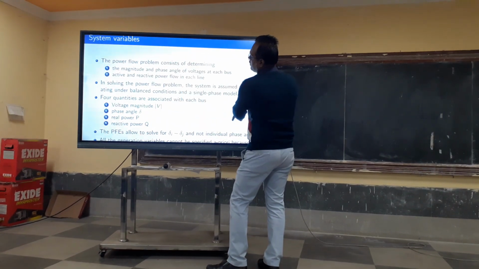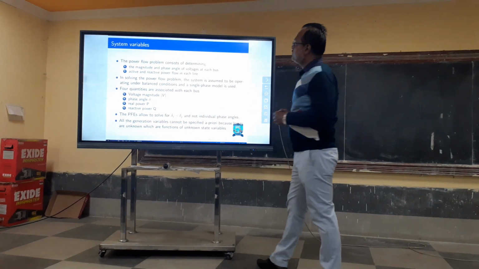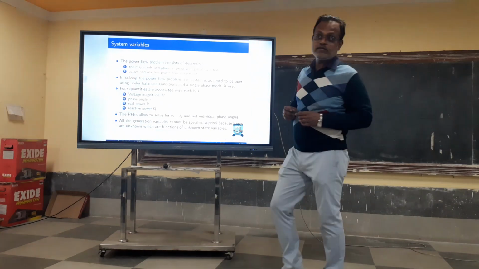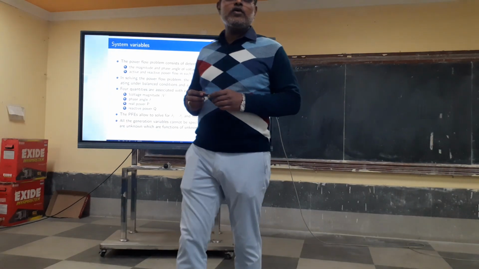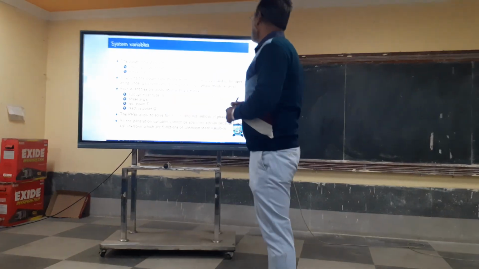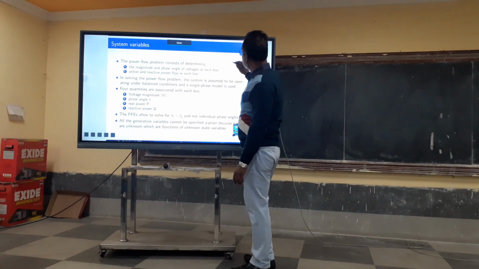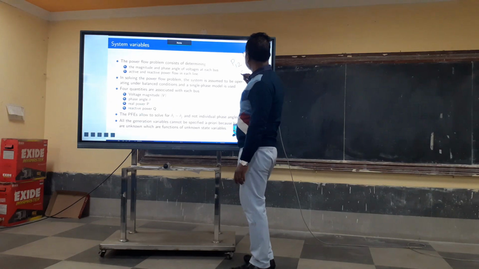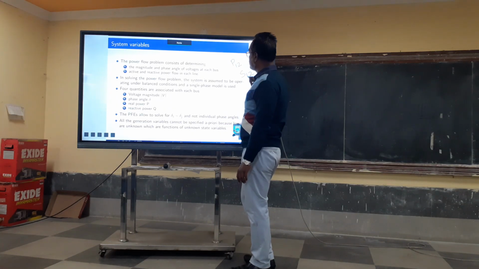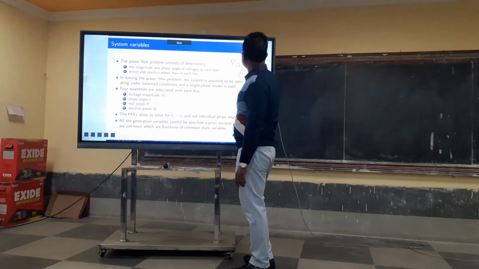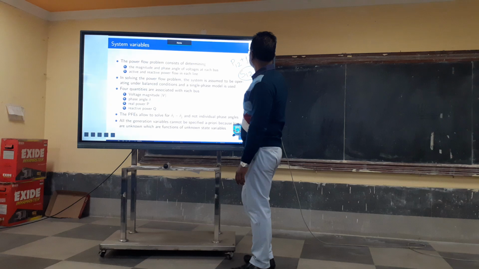Before going to the power flow equations, what is our objective? The objective is to compute the power flow between two buses, or in fact, I would say it is S12, the complex power, which consists of P12 plus jQ12.